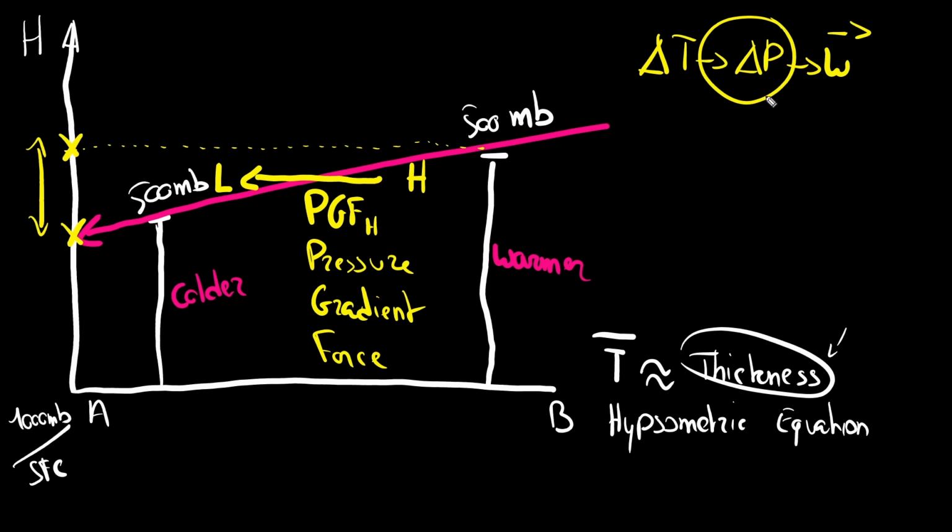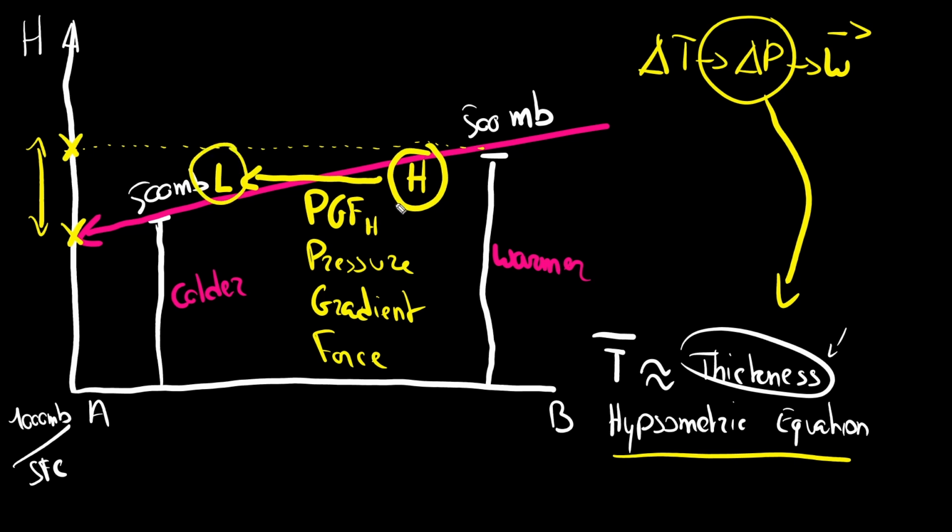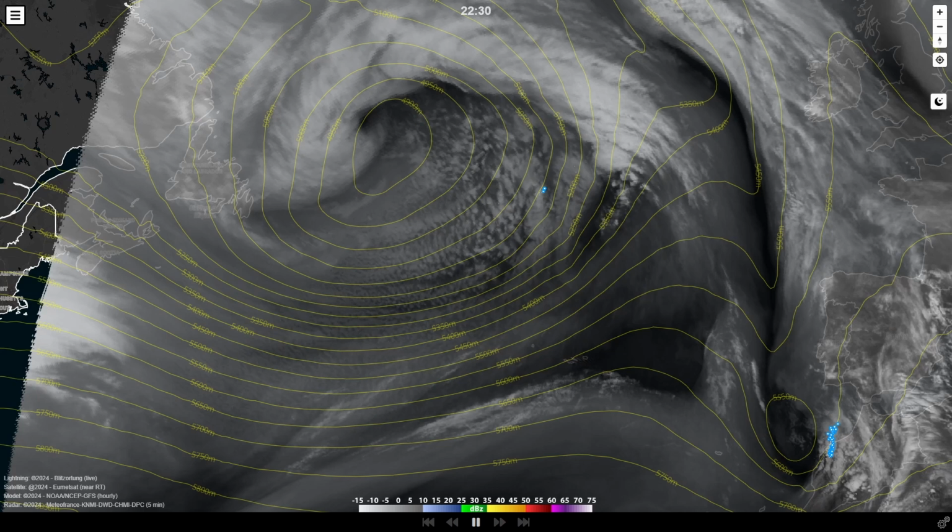This difference in pressure is driven by the difference in thickness between the warmer air mass and the colder air mass, which is called the hypsometric equation, leading to a vertical slope of the 500 millibars, which in turn leads horizontally to a pressure gradient force moving air from high pressure to low pressure, from the warmer air mass to the colder.